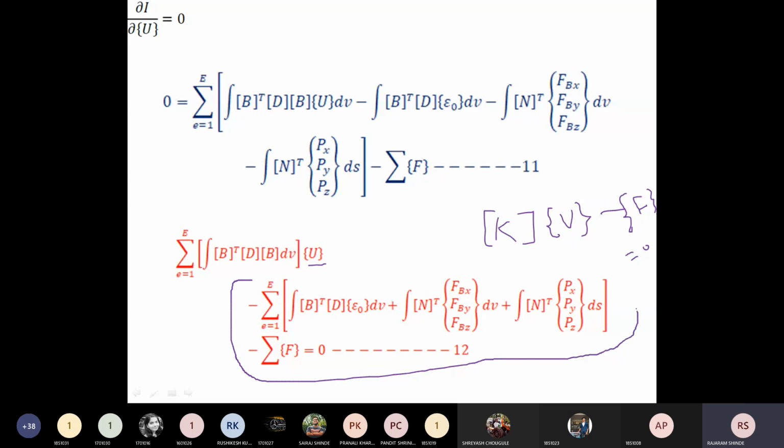You can take them on the right side of the equation. Okay, these terms, k into u is equal to f or k into u minus f. This is your finite element equation, standard finite element equation.